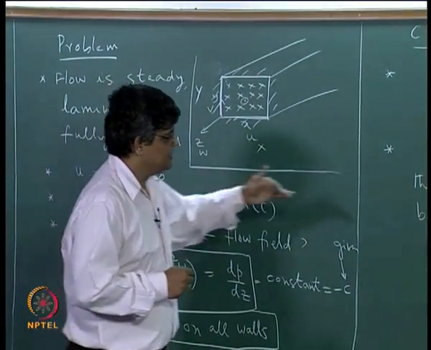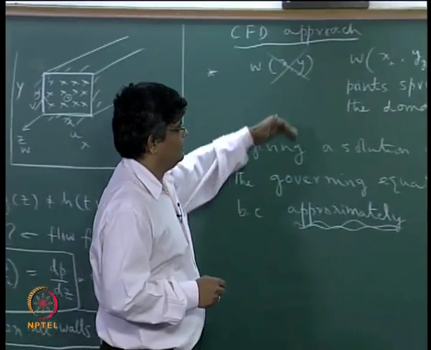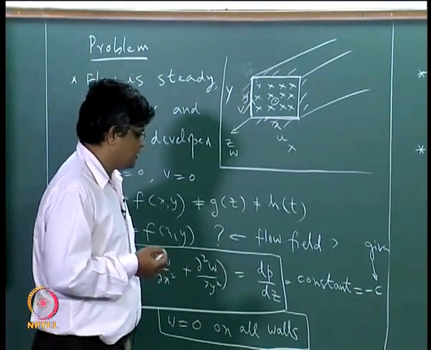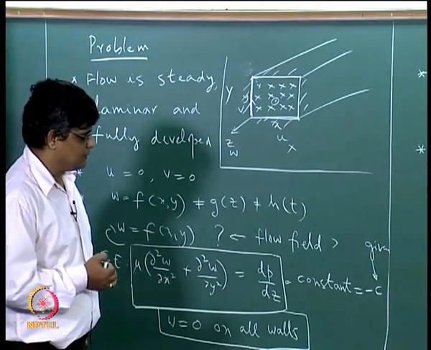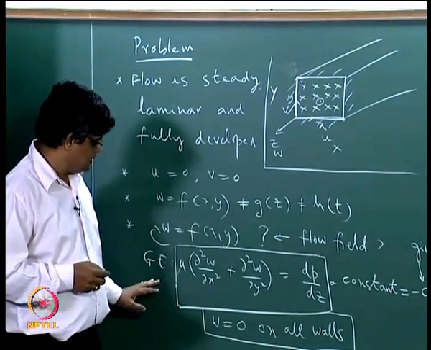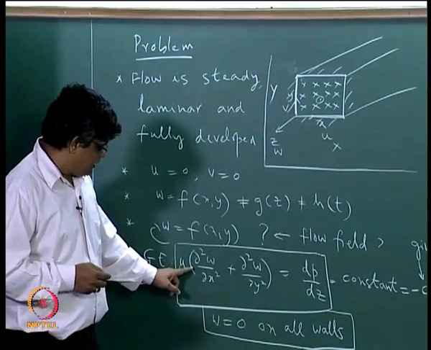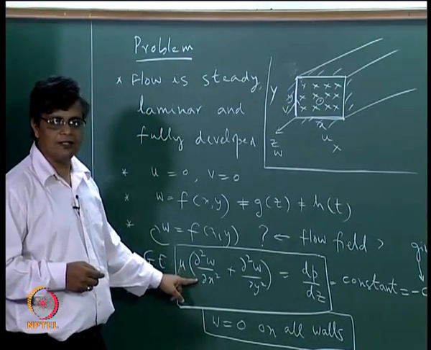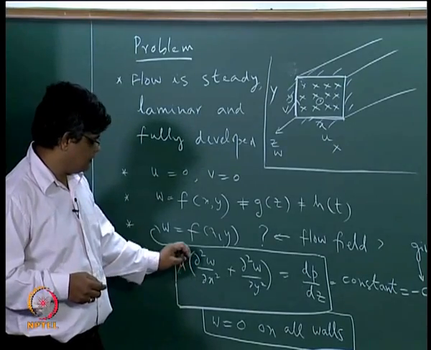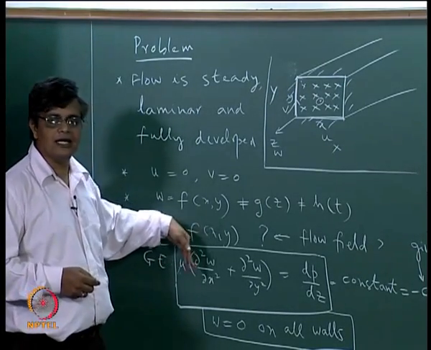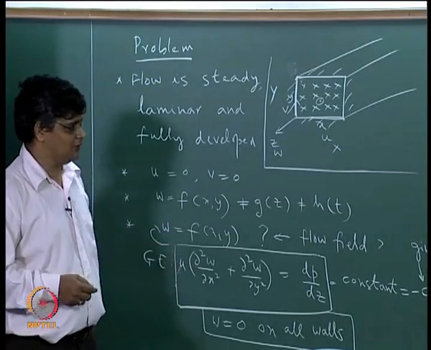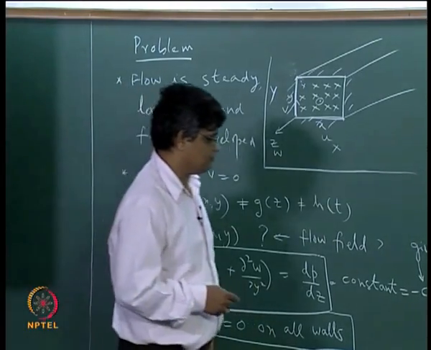So how do we generate this approximate solution? There are several ways of doing it, but for the sake of illustration, the way that we try to do it is that we take the partial derivative here, and for each derivative we substitute an equivalent approximate finite difference formula.